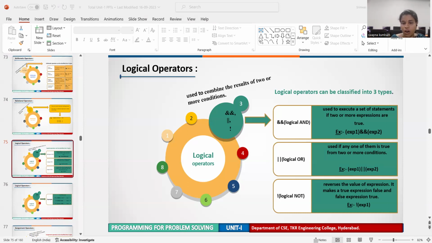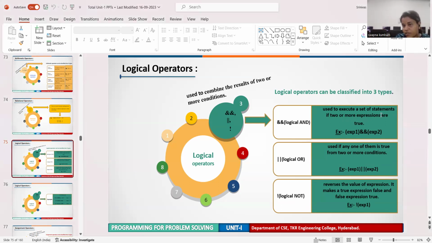If I want to combine A less than B and C is equal to D with the ampersand symbol, then what happens here? When will it be true? If both the conditions are true, then only, and means compulsory. This is true and this is true, so the output result of this will be true.